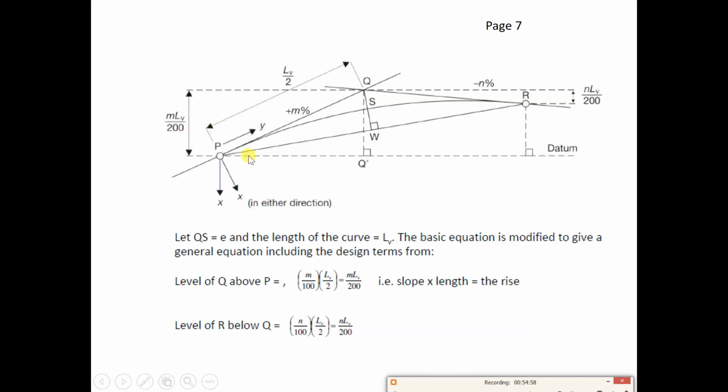Look at that, the y in this case is going up the hill, actually along the slope, but later on is approximated to be horizontal.